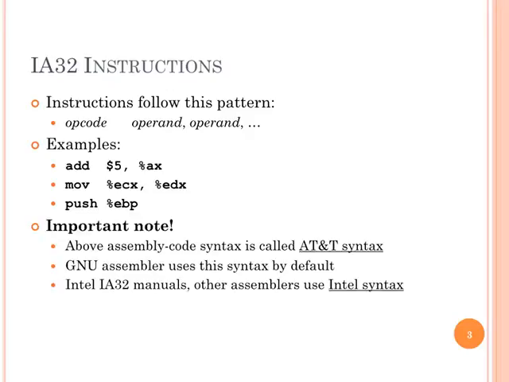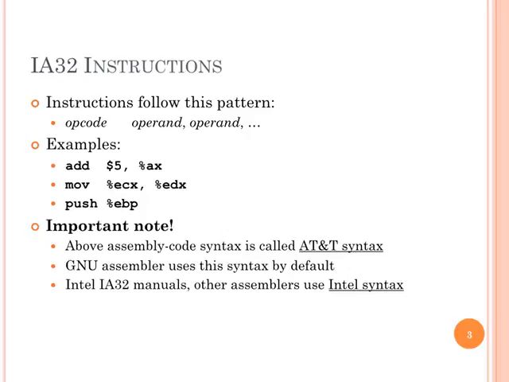The important detail here, though, is that we follow a different syntax than CS5X. And I actually prefer this. I took 5X when I was an undergrad and loved the classes. In fact, I was a 5X TA and all of that stuff. But this syntax is slightly different. We call it the AT&T syntax, and it's the syntax that is used by the GNU assembler by default.